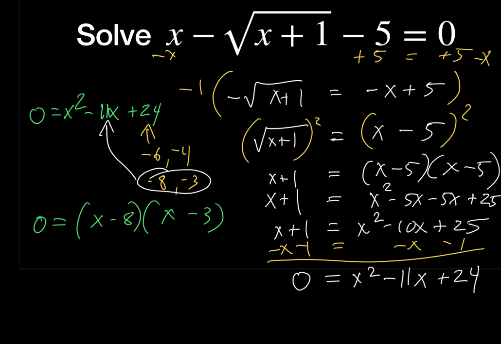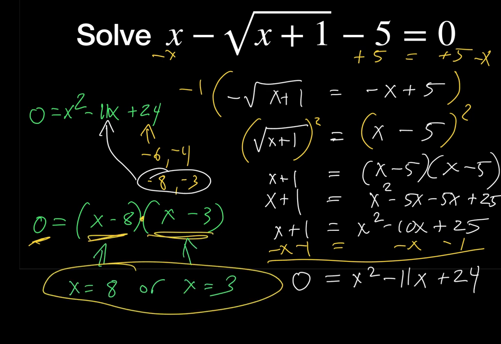Almost done. I have two things multiplying to 0. So that means x equals 8 or x equals 3, because 8 minus 8 is 0, 3 minus 3 is 0. To get my solution.